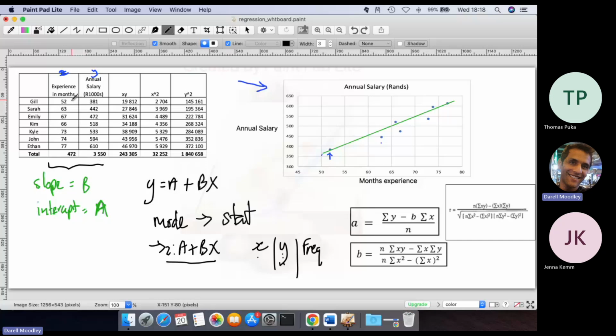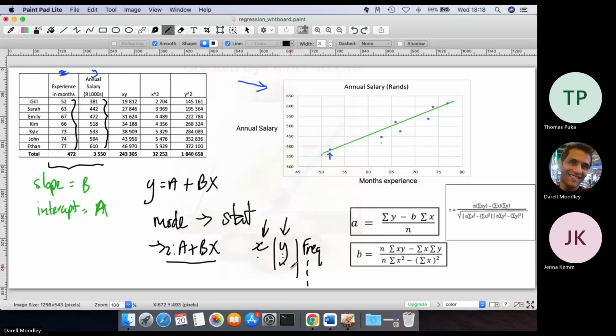For your x values, capture everything from 52 all the way to 77. And for the y values, capture everything from 381 all the way to 610. You can ignore the frequency column. You don't have to worry about entering anything there. Every time you enter something, it should just get populated with 1. It's just these 2 columns you have to capture the data.